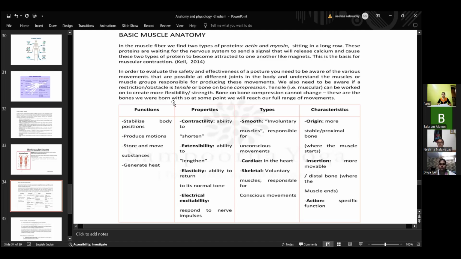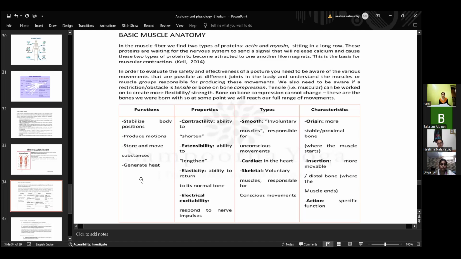Is it clear? Now, functions of muscles: stabilize body positions, produce motion, store and move substances, generate heat. Properties: contractility, ability to shorten, just now we saw; extensibility, ability to lengthen; elasticity, ability to return to its normal tone.